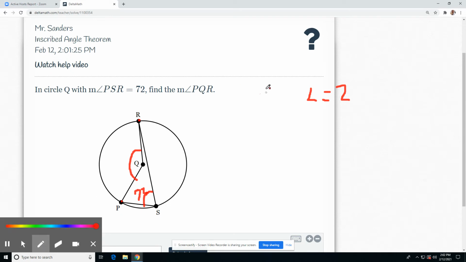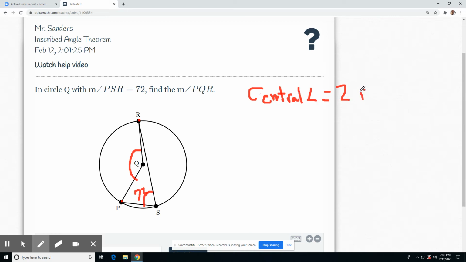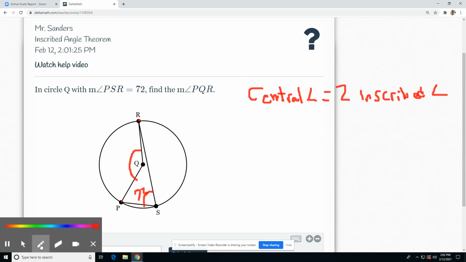Don't want to take you down the wrong path. The central angle is 2 times the inscribed angle. Now, it's kind of hard to do this in your head to know which one's which, but once you calculate it mathematically, then you can verify if you've done it wrong. So let's go ahead and fill things in.